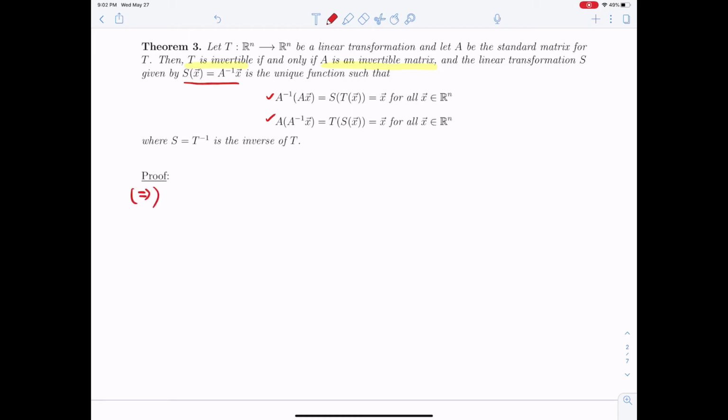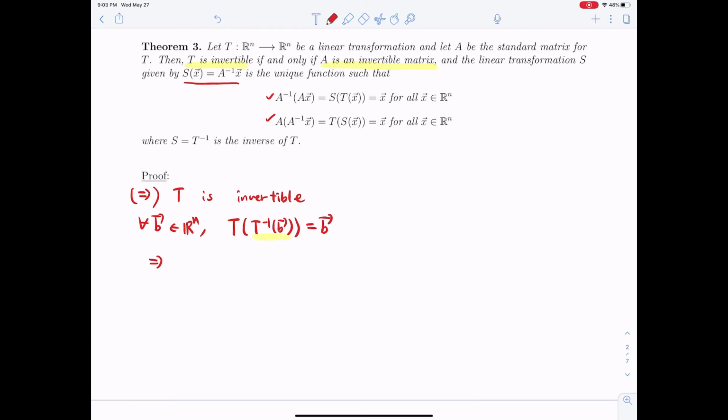So in this direction, we have to assume T is invertible. Then we know that for any B in Rn, we have T of T inverse of B, and this should equal B itself.